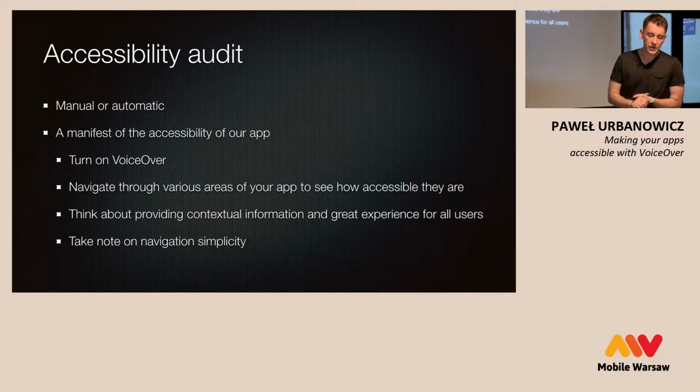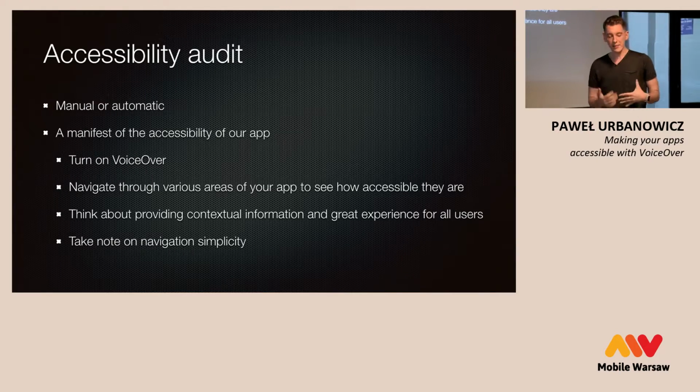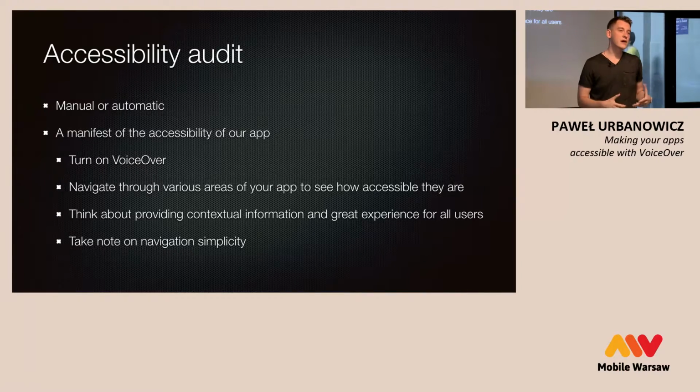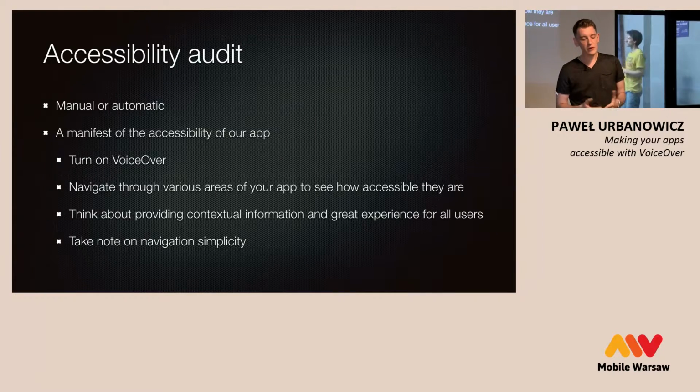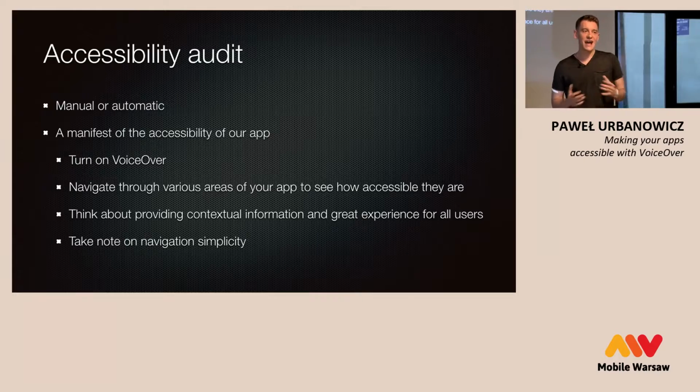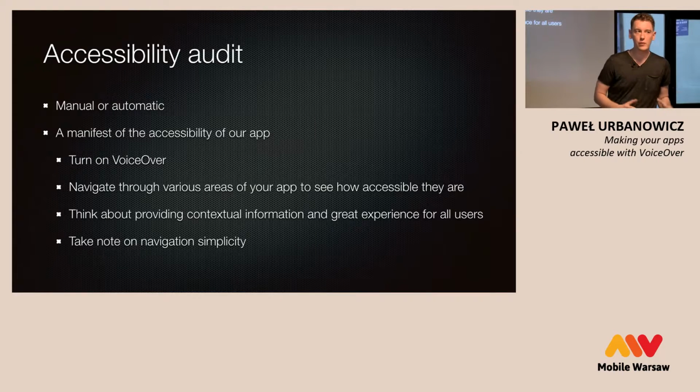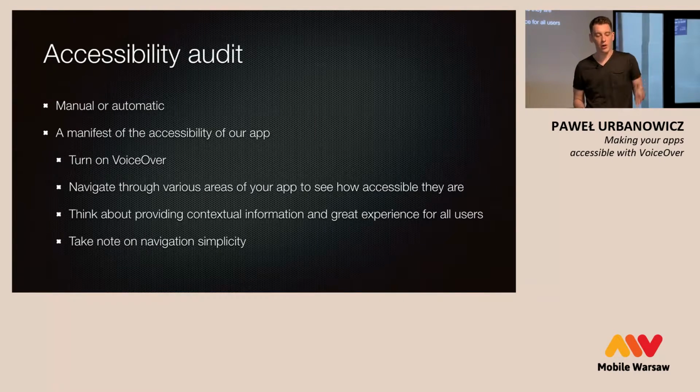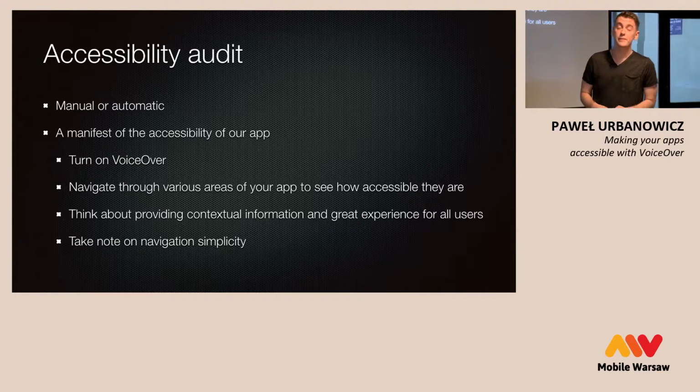Bear in mind that when speaking about accessibility and VoiceOver, I'm referring mostly to visually impaired users, because accessibility covers a big spectrum of disabilities that we won't be able to cover in this talk today. But we can perform an accessibility audit, and this audit can be either automatic or manual.